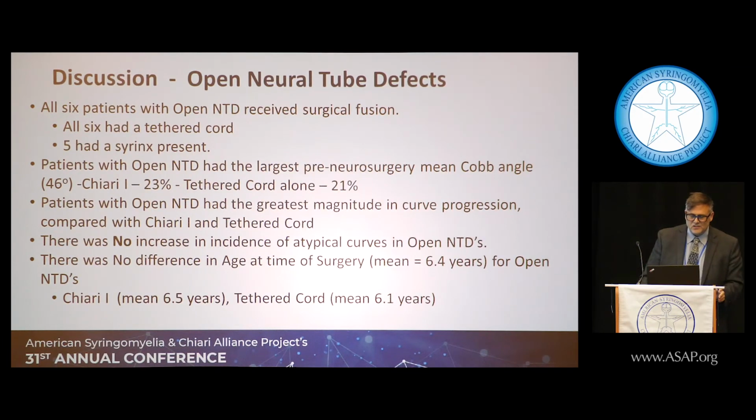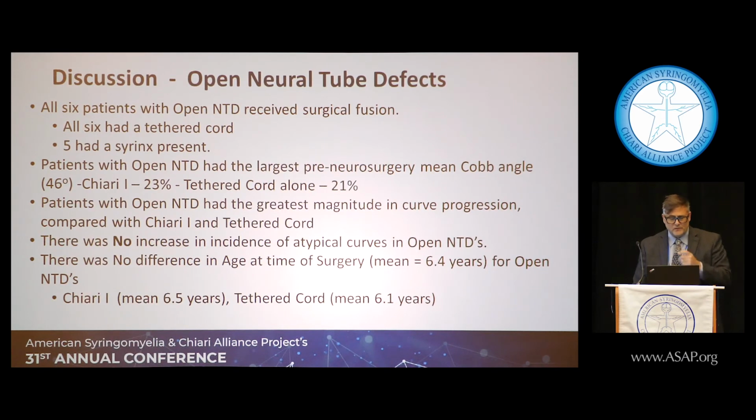Open neural tube defects. All 6 patients with open neural tube defects required fusion. So everybody with a myelomeningocele and a Chiari 2 required fusion. All 6 had tethered cords, which is almost by definition. 5 had Syrinxes present. All of these patients had the largest pre-surgery angulation, especially when compared to Chiari at 23 degrees and tethered cord alone 21 degrees.